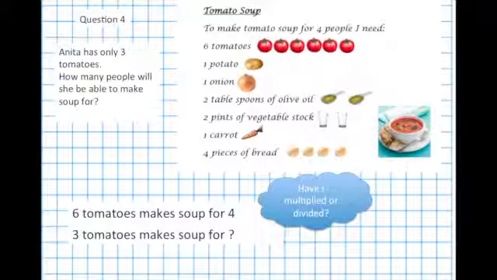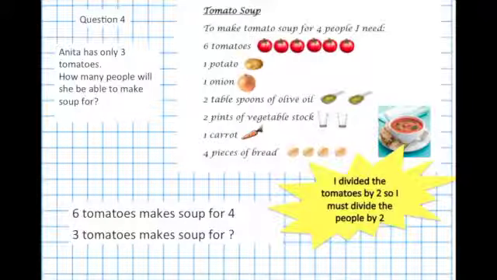Have I multiplied or divided? Well, if it's less, I must have divided. So what did I divide, and by what did I divide it? Well, I started with 6 tomatoes and ended with 3, so I've divided the number of tomatoes by something. I divided the tomatoes by 2. So to answer the question, I must divide the number of people it will feed by 2.